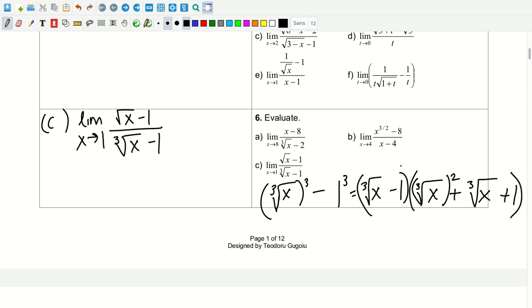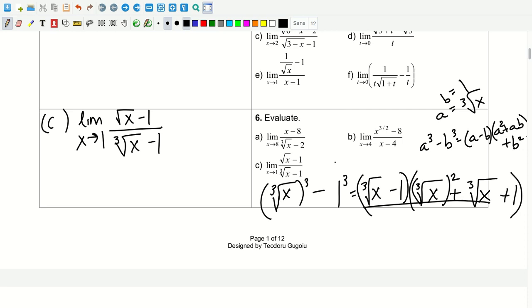So this is the a cubed minus b cubed equals a minus b times a squared plus ab plus b squared rule. I'm literally using this rule where a is the cubed root of x and b is 1. So try to follow along and I get this.